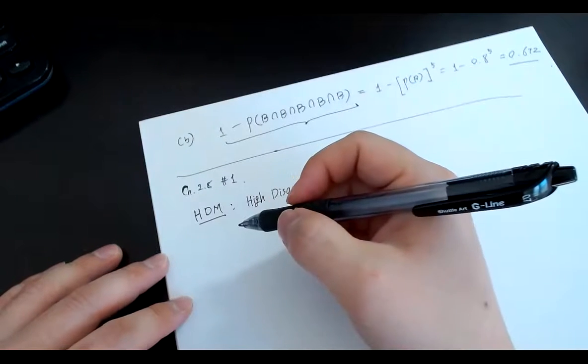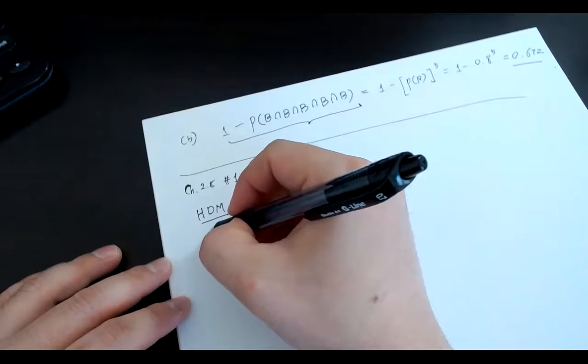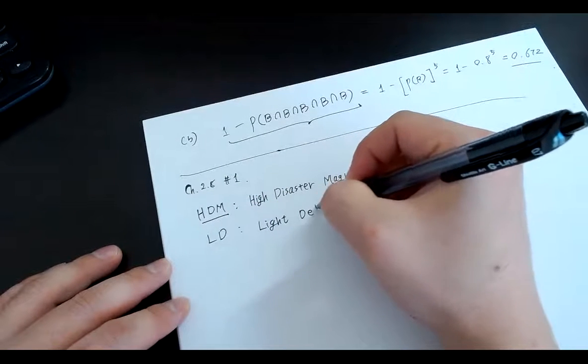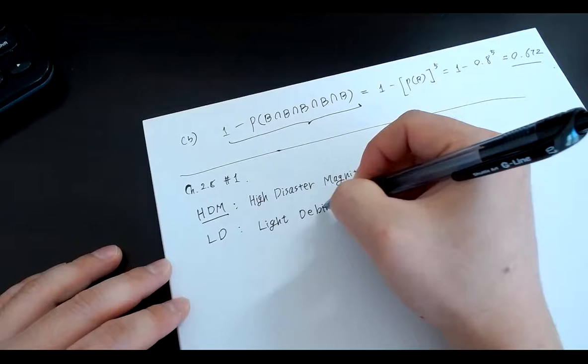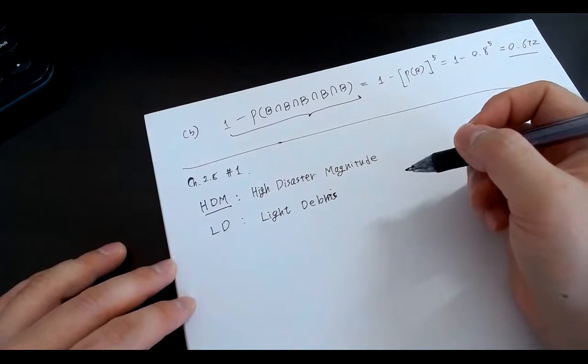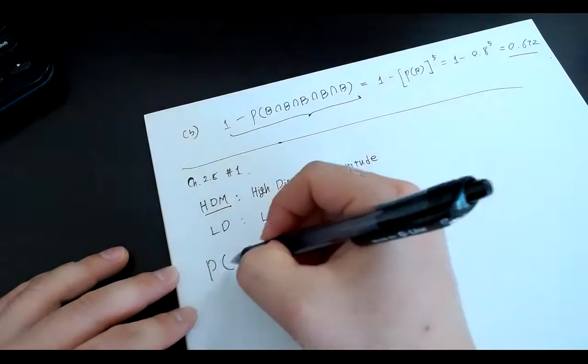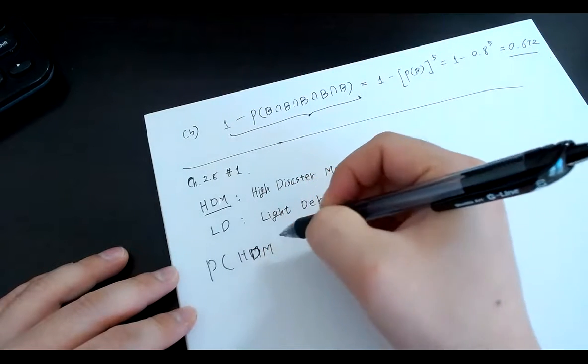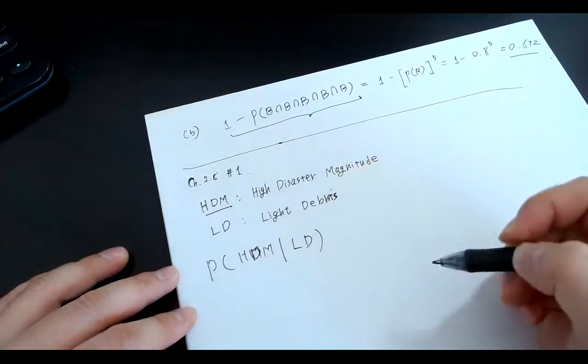And then light debris, let's say LD. This is light debris. Oops, it's a typo, debris. So then we're going to figure out the probability that event HDM happened given that LD already occurred.